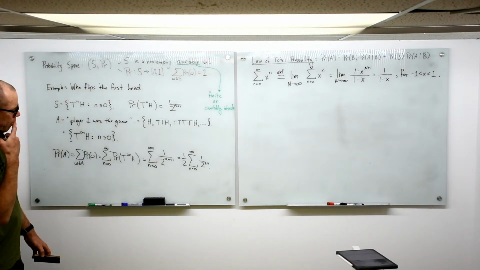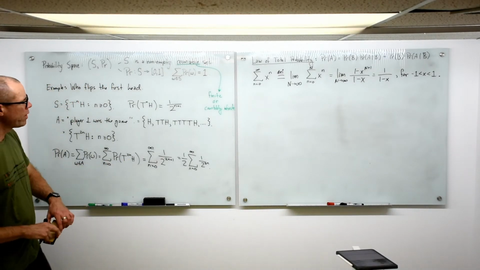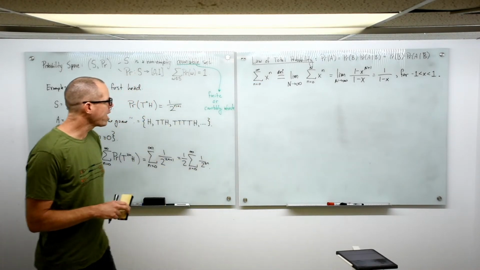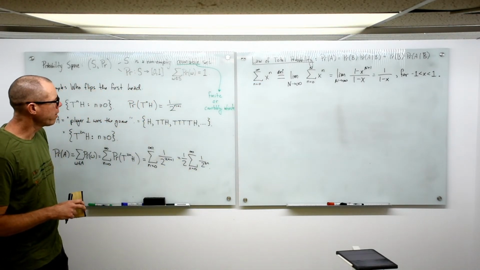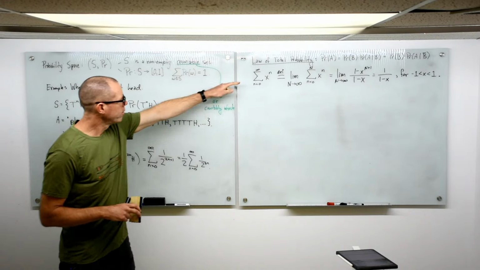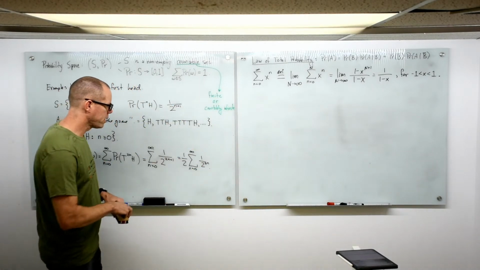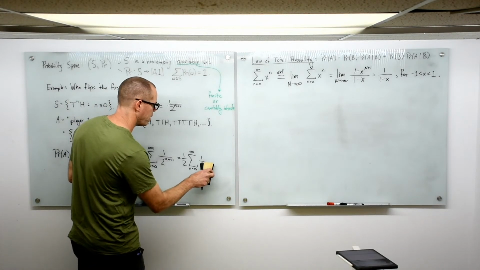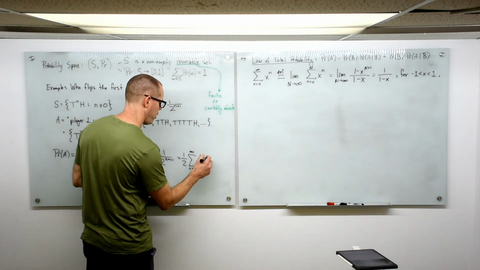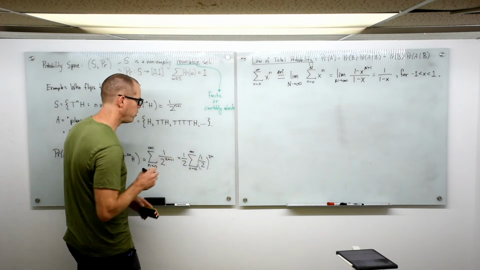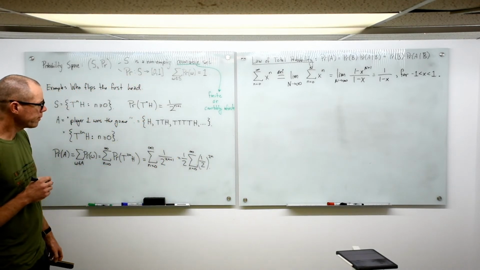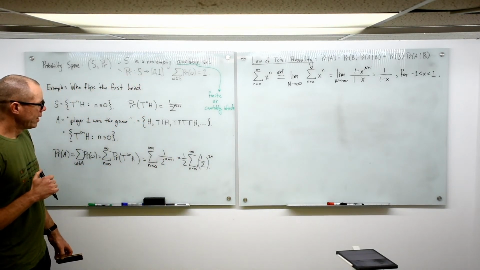Okay, we have this thing for dealing with sums of x to the n that we saw already, but now we have this. Another way to write this is 1/2 to the 2n.